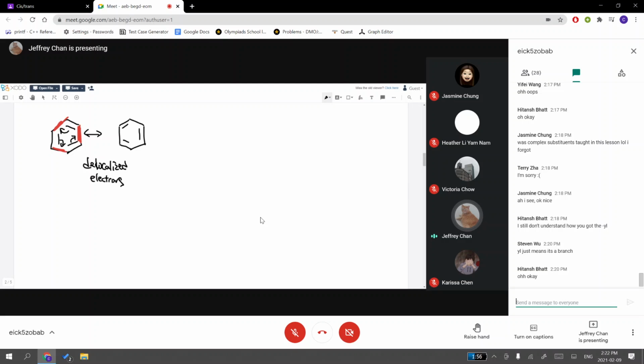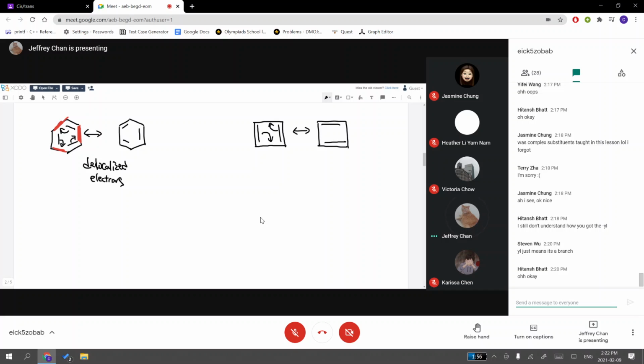So another example of an aromatic compound is like this. It's a cyclo compound, and it looks like this. The double bonds can shift around in your ring structure. So you get something like this.